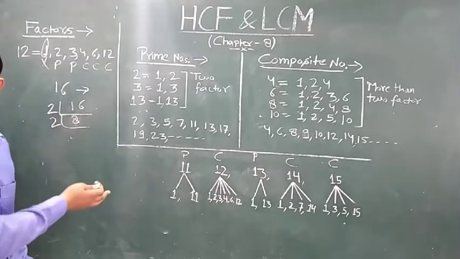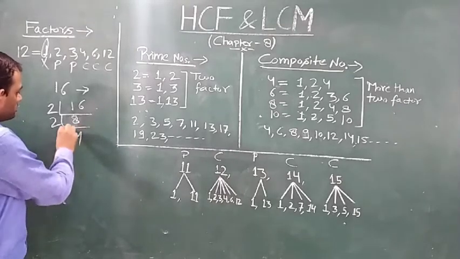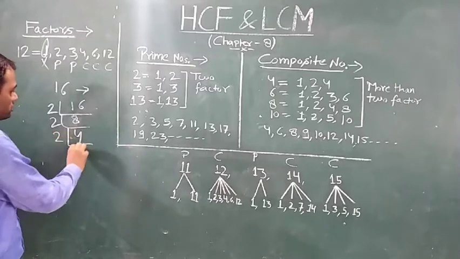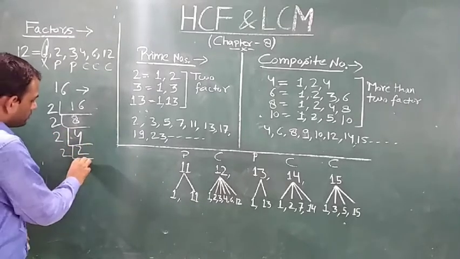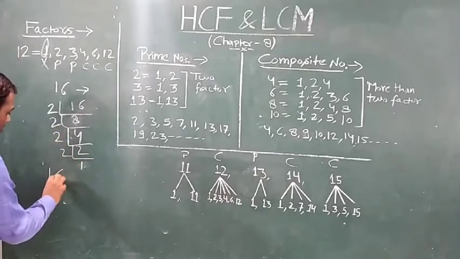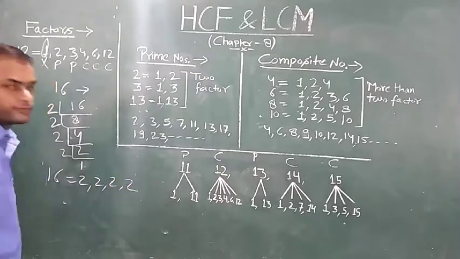This 8 is again divisible by 2. 2 4s are 8. Now we will divide it by 2. 2 2s are 4, and again it is 2. 2 1s are 2. So the prime factors are 2, 2, 2, 2.